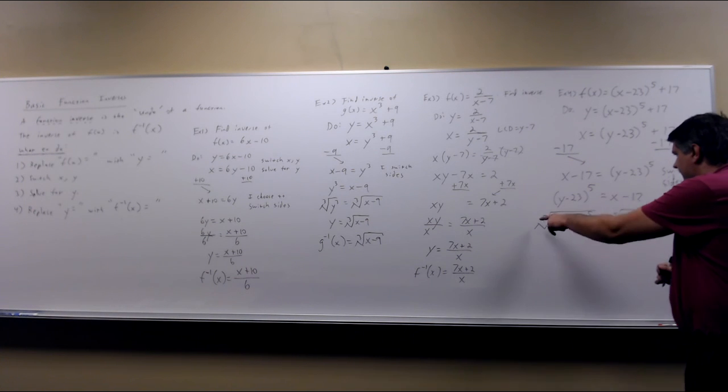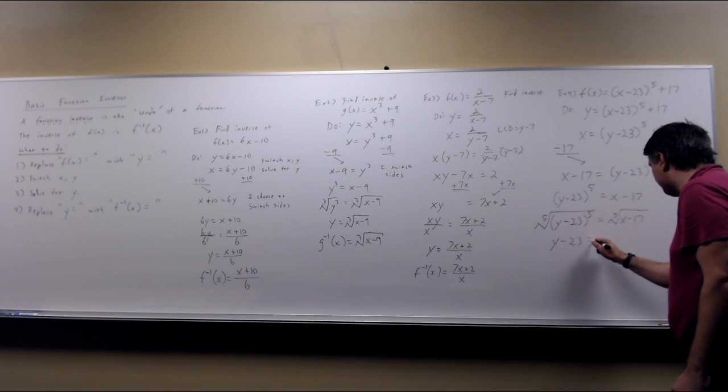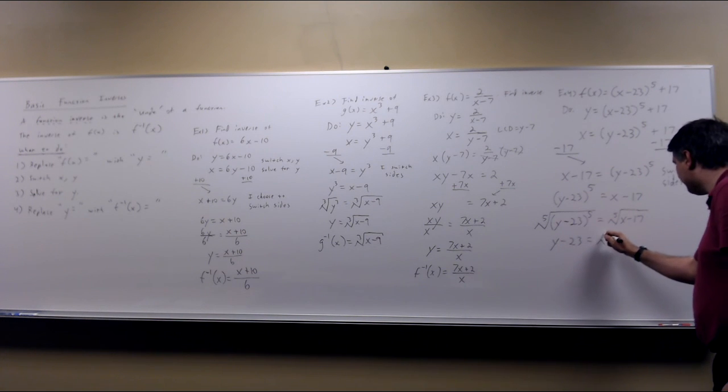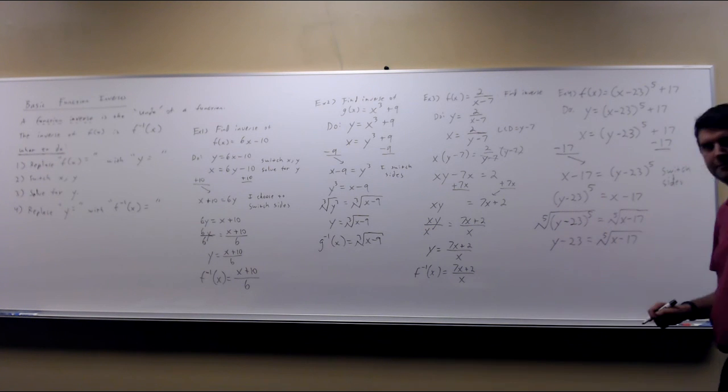Taking the fifth root of this to the fifth leaves me just the y minus 23. And over here I will have the fifth root of x minus 17.